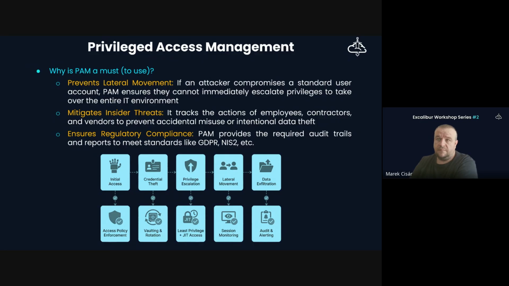And if there are some hard-coded credentials within applications or utilities, those can be misused by attackers as well to move deeper into my infrastructure. So basically, preventing lateral movement is the most essential feature of a privileged access management system.